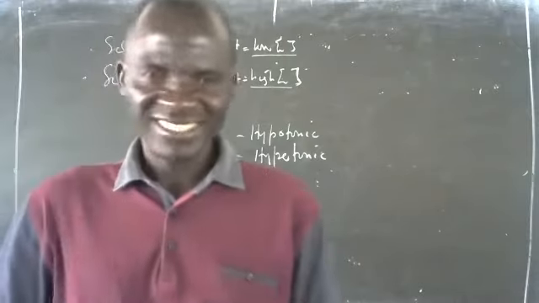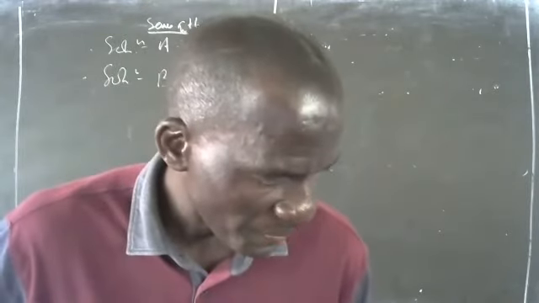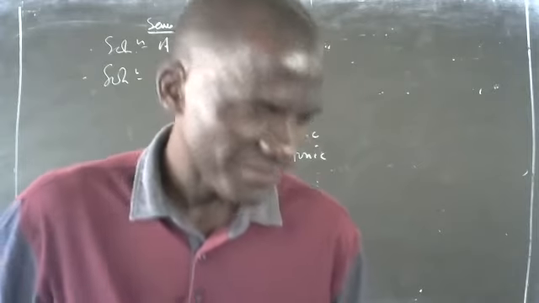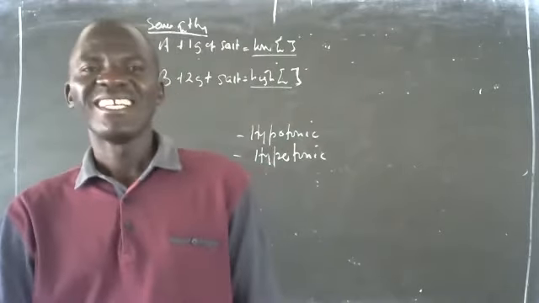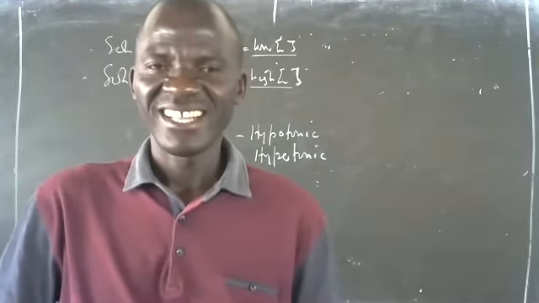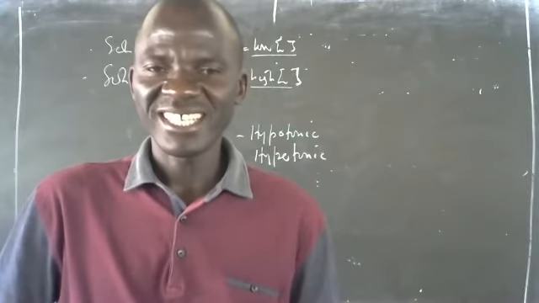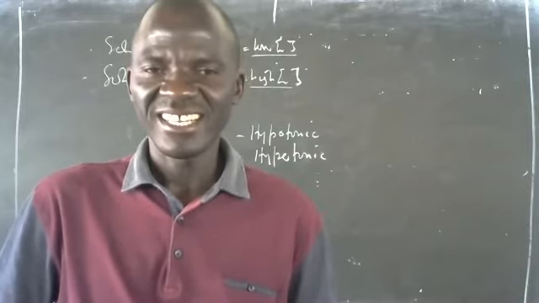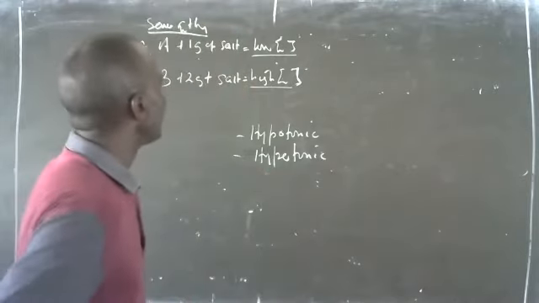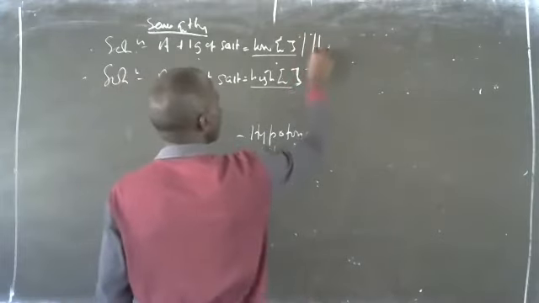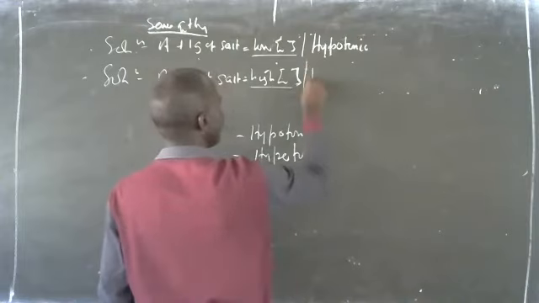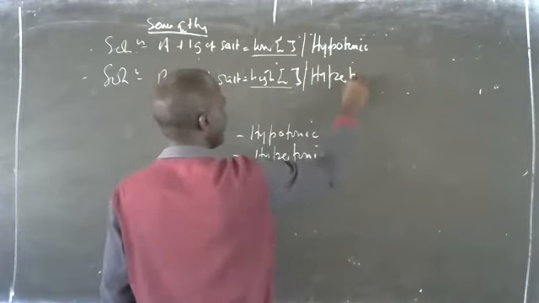B and A, which one is hypertonic? A is hypotonic and B is hypertonic. Good. This one is hypotonic solution. And this one is hypertonic.